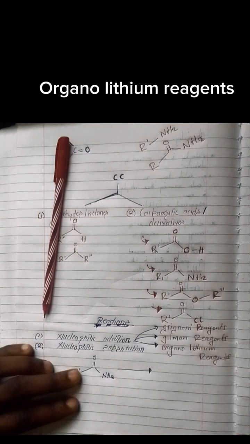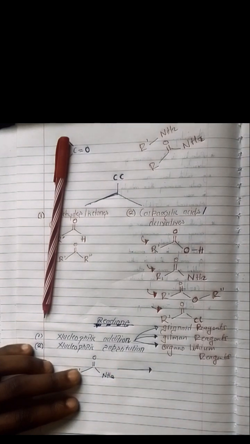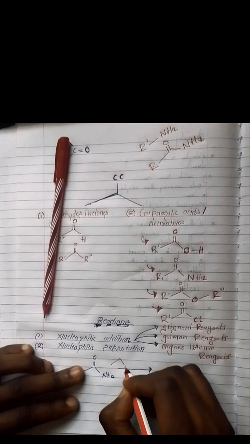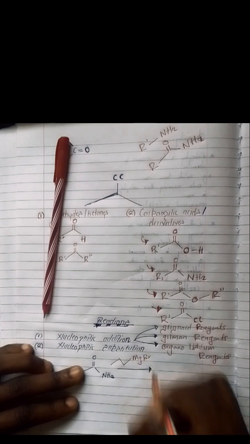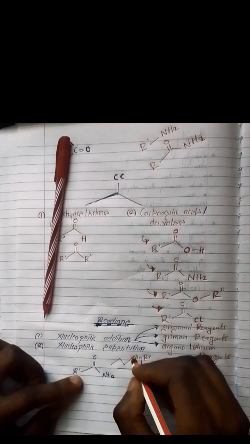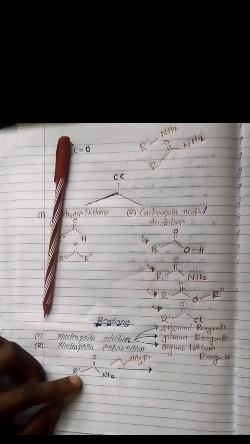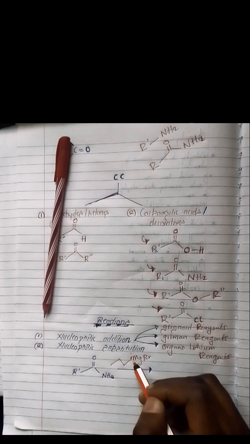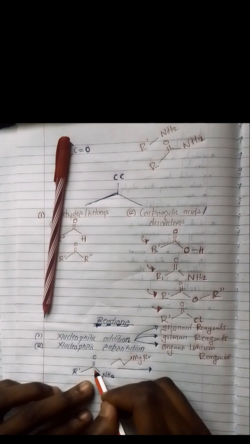So let me give you an example. Suppose you had a Grignard reagent. In the next video, we'll expand on that. Suppose we had one that looked like this: we have magnesium, and then we have our bromine functional group. When these two react, you'll see that this carbon carries a net negative charge. Because it carries a net negative charge, it's capable of attacking this carbon here.